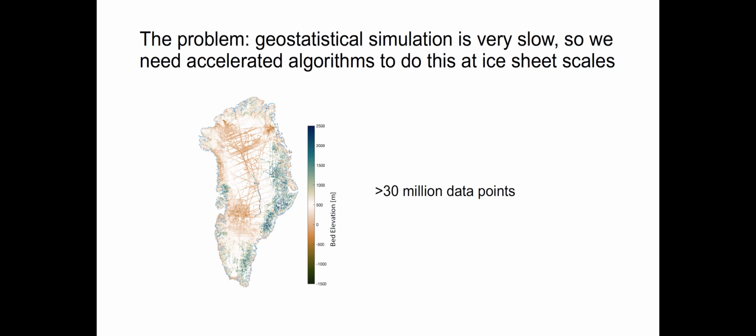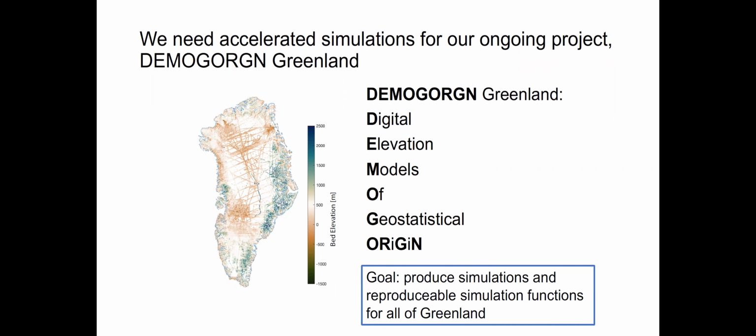And we are also calling this project Demogorgon Greenland for digital elevation models of geostatistical origin. I think Demogorgon is a Dungeons and Dragons reference, so my students have a lot of fun with that. But our goal is to create many realizations of the topography of Greenland and also create some sort of tools where users can run their own simulations.